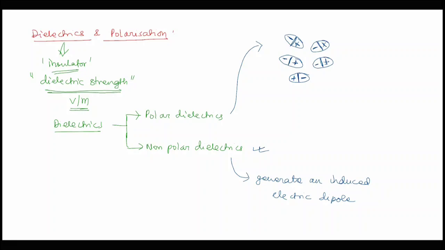Now let us understand another concept, which is regarded as the polarization of a dielectric, followed by the dielectric constant. So if we consider that a dielectric is inserted between the plates of a capacitor, or in an external electric field, let us consider something like this: this one is a uniformly positively charged plate of the capacitor and the other one is a uniformly negatively charged plate of the capacitor, in which an electric field E is present.